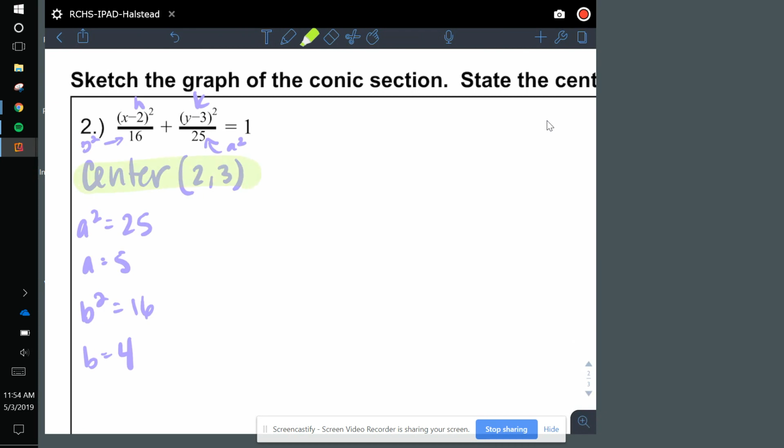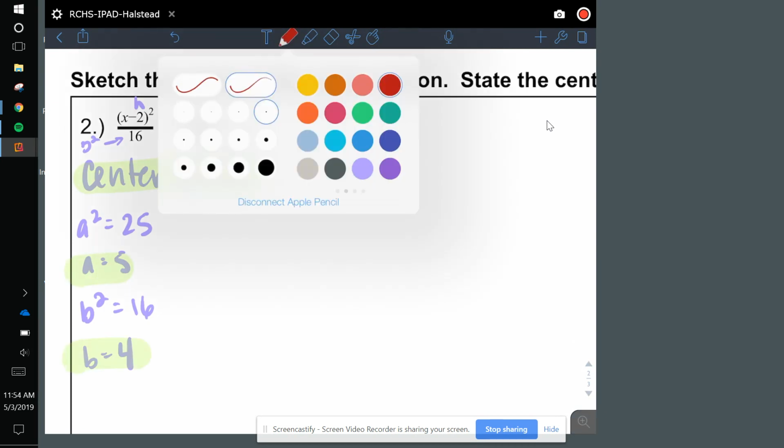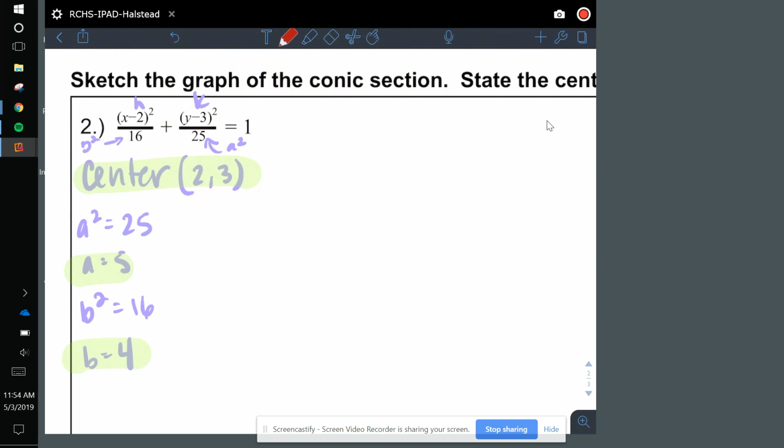So I have some important pieces right here. Okay, let's get a sketch. Center. Are we a vertical or a horizontal ellipse?